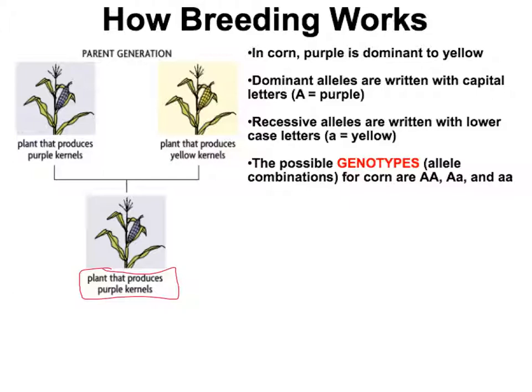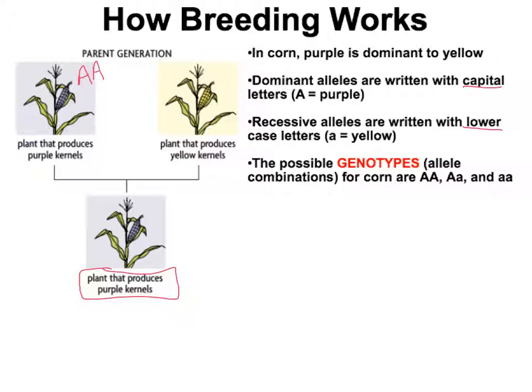Now to help write this in shorthand or as kind of an abbreviation, you'd write the alleles as letters, and you'd write the dominant alleles as capital letters, and the recessive alleles as lowercase letters. So what we'd see here is that big A would be this purple plant.